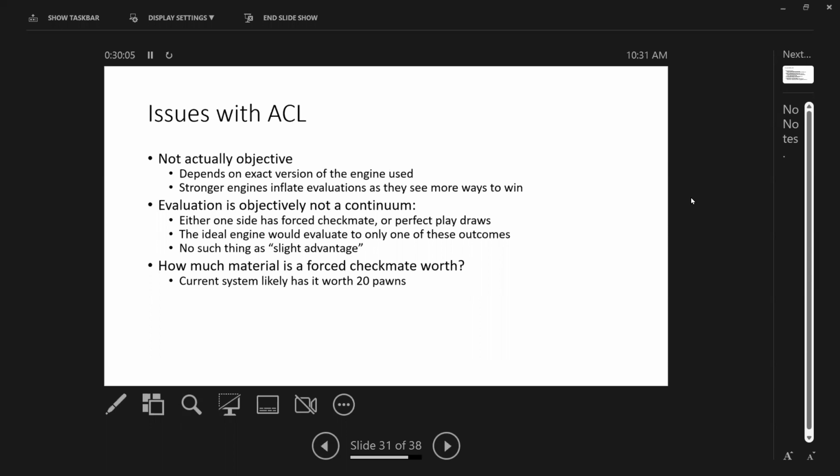Because remember, what this average centipawn loss is based on is an evaluation of the position where it tries to convert all forms of advantage into material advantage. Currently, there is evidence to suggest that the current system has to work with 10 points because in the previous game, white and black just alternated blundering into a forced mate, and the average centipawn loss was around 2,000.